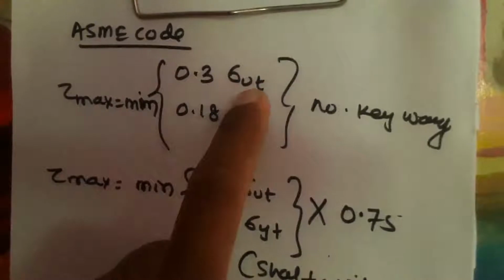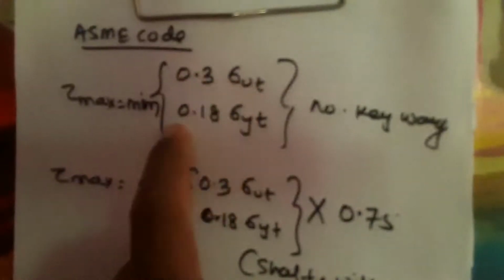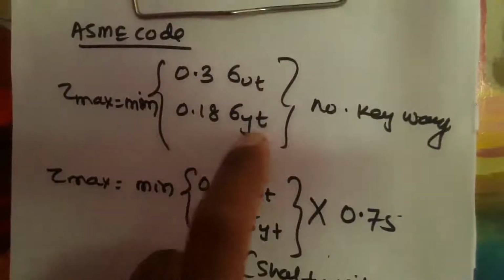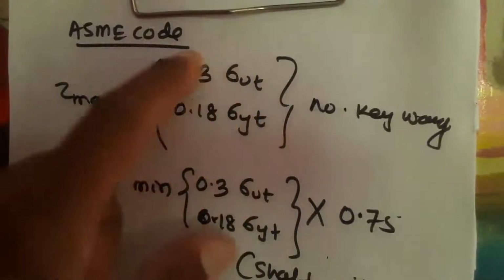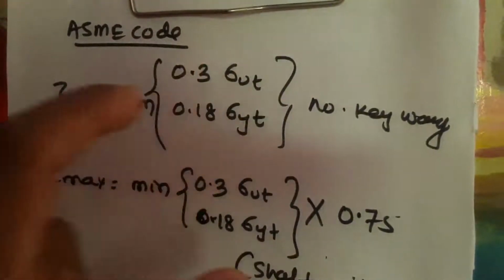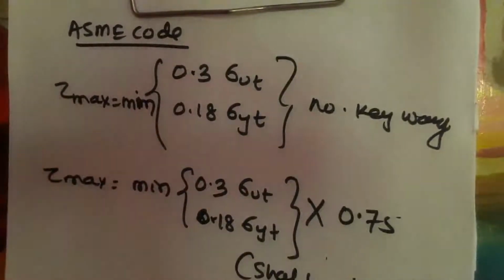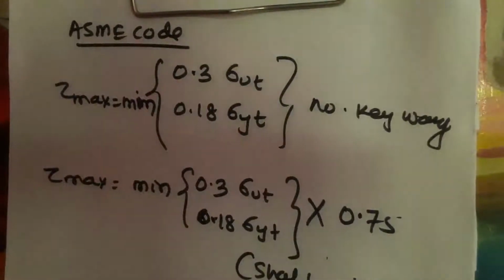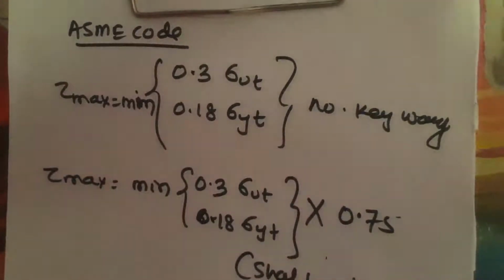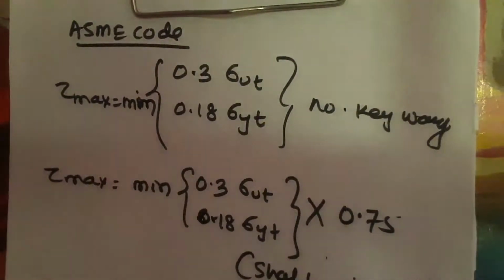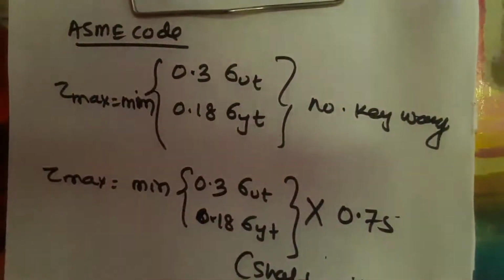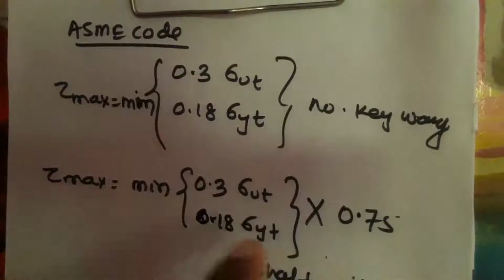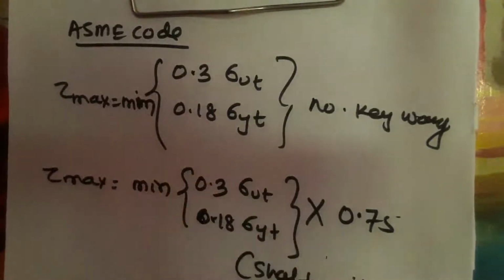You have to multiply by 0.30 in the first case and 0.18 for the yield strength, and whichever is the minimum is going to be the maximum amount of shear stress that the shaft can withstand, provided the shaft does not have any keyways. If the shaft has a keyway, then this limit is further reduced by 25%.